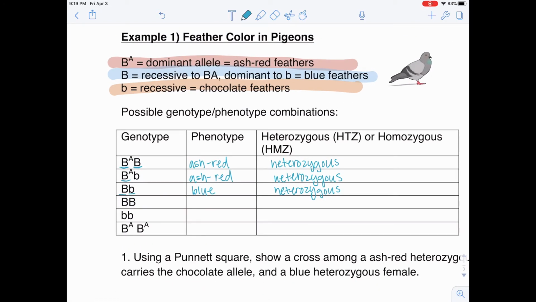And the genotype big B, big B. This is homozygous dominant, and it will come off as blue feather. And the genotype small b, small b, this is homozygous recessive, so the phenotype will be chocolate feathers.